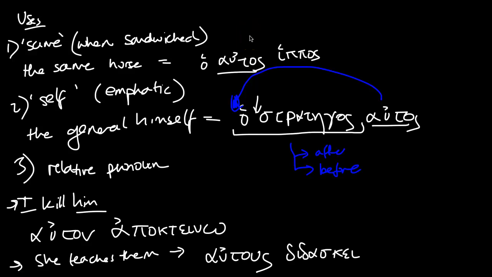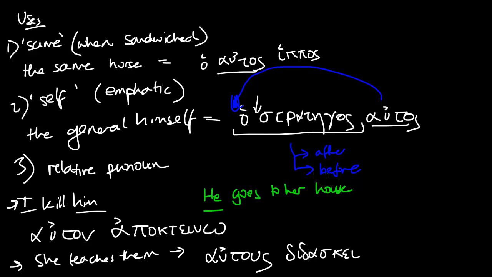Okay? I.e., let's say you had the sentence, he goes to her house. He is the subject of the sentence. So her house is referring to another person, not the subject, which means you use autos.